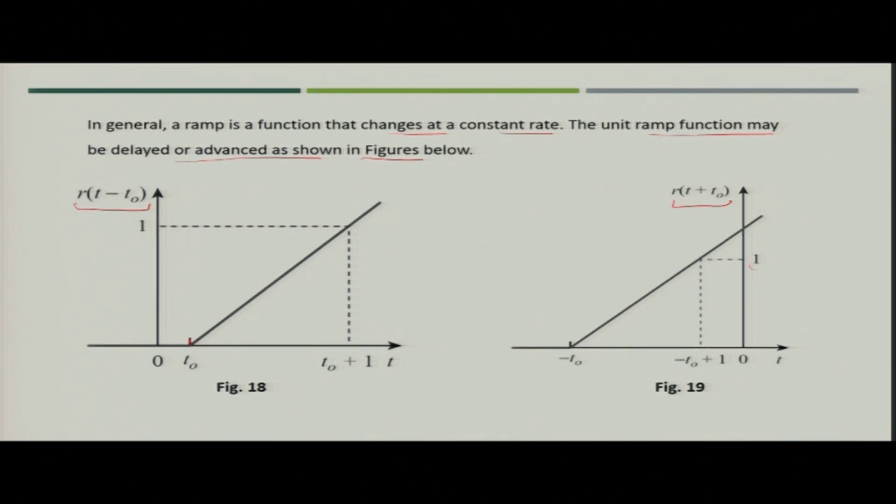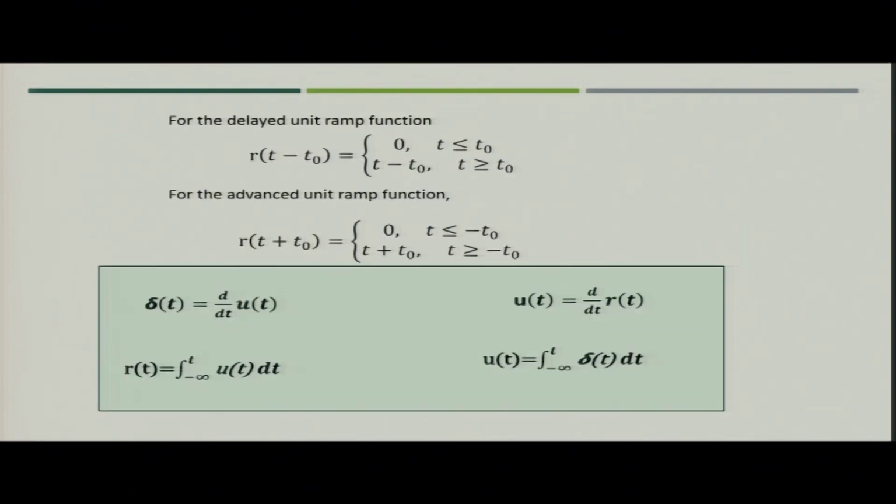Now, with the definitions of the unit step, unit impulse and unit ramp functions, let us summarize what we have discussed till now. For the delayed ramp, for time t less than or equal to t naught, the value is 0. For time t greater than or equal to t naught, it is t minus t naught.